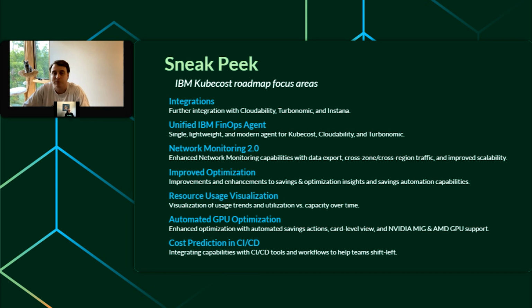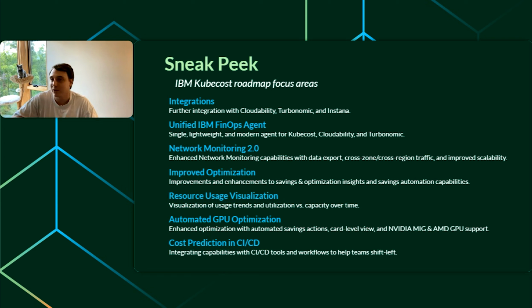For those of you who are familiar with the network monitoring page, it requires installation of our network cost daemon set, which is reading packets coming right off of the kernel. That's a huge fire hose of data, and we do have a lot of customers at the high ends of scale who can't turn this on because it's so much data. So we are going to be improving the scalability of this experience.